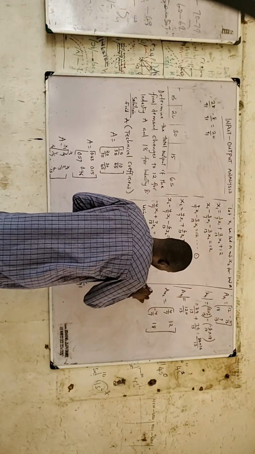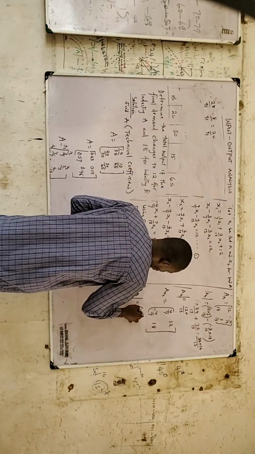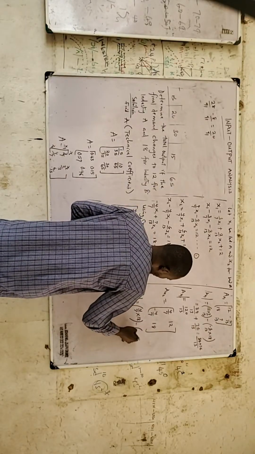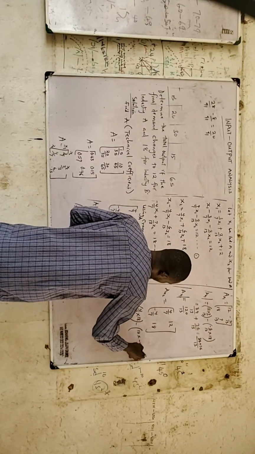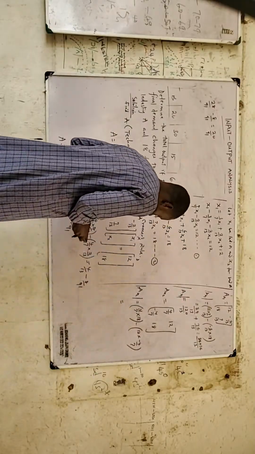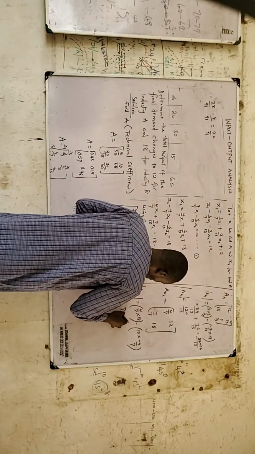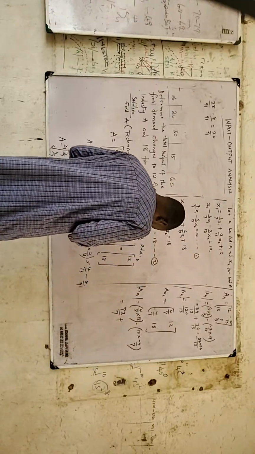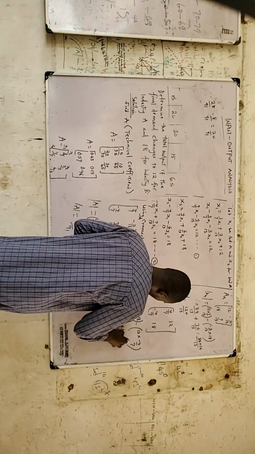AX2 is now equal to 4 over 7 times 18 minus 12 times negative 4 over 7. 4 times 18 is 72, divided by 7, plus 12 times 4, 48 divided by 7.